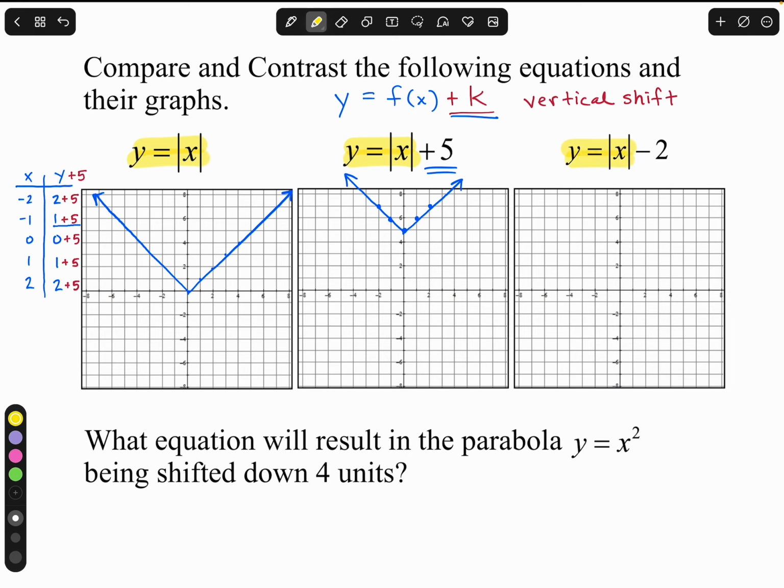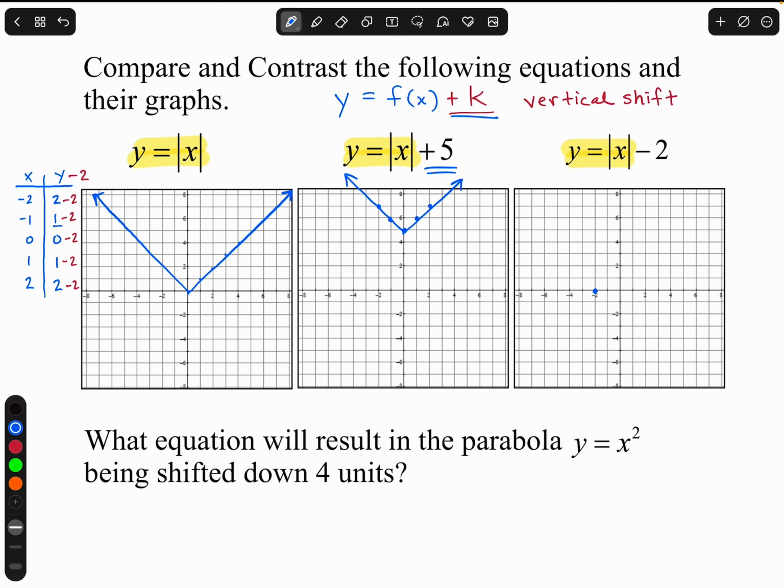Same thing at the end here. When we are subtracting 2 from that function, that means our outputs are all going to decrease by 2. So we would end up with a point at -2, 0.